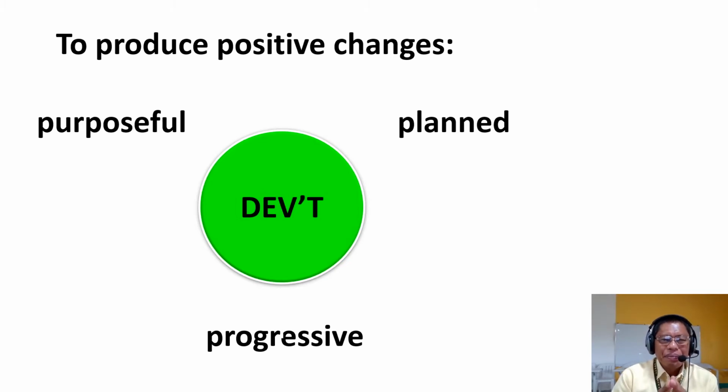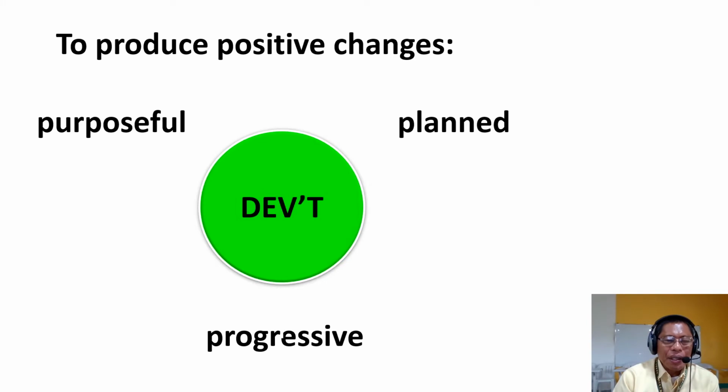Ibig sabihin, certain preparations should be made before the changes are put in place. And it should be progressive. Ang ibig sabihin ng progressive, from an old existing condition to a better one. Progressive. From the word progress, nagpa-progress. Pag sinabing nagpa-progress, from an old existing condition to a better one, kumbaga umuunlad, may pag-asenso yung kalagayan. Progressive, from the word progress, no?